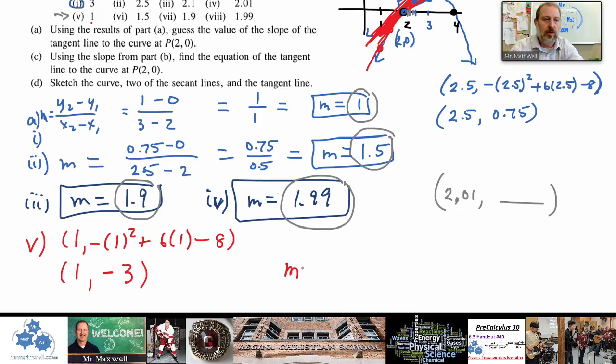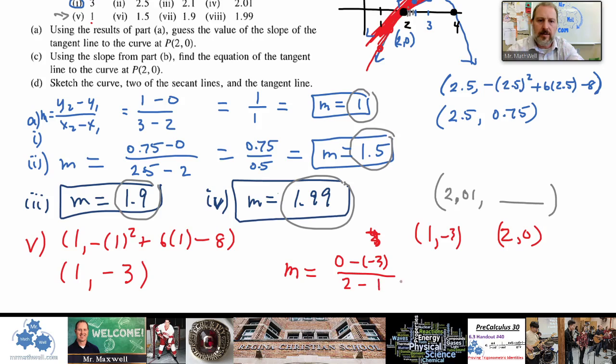So our slope is going to be, y2 is going to be this 2 comma 0, right? Point 1 is going to be 1, negative 3, and then we've got 2 comma 0 as our second point. So this is going to be 0 minus negative 3 over 2 minus 1.